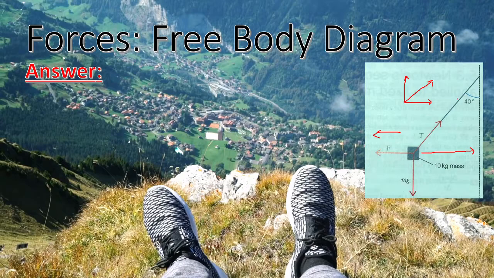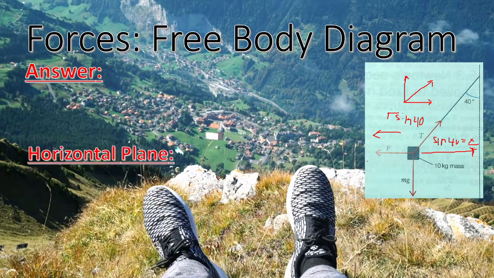So it should follow the direction of these forces. Okay, so finding the horizontal component for our T, we use sine because that is opposite to our angle. So sine 40 equals the horizontal component divided by the tension. So that is just T sine 40. Okay, and the opposite for that is just F. So that's easy.